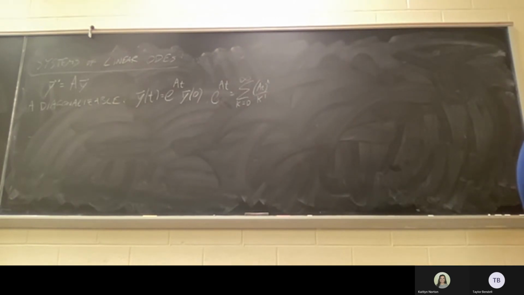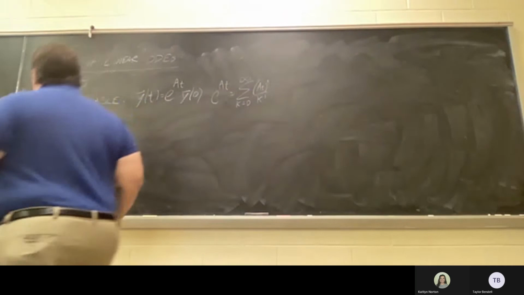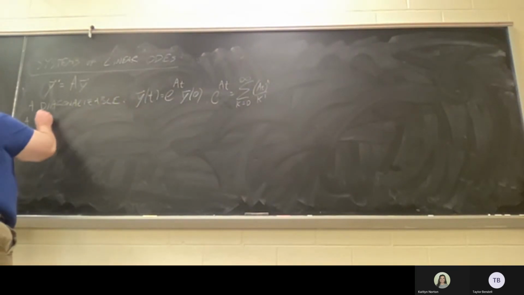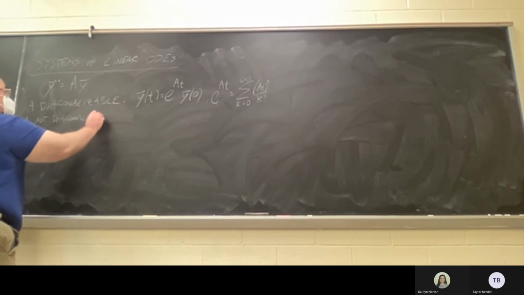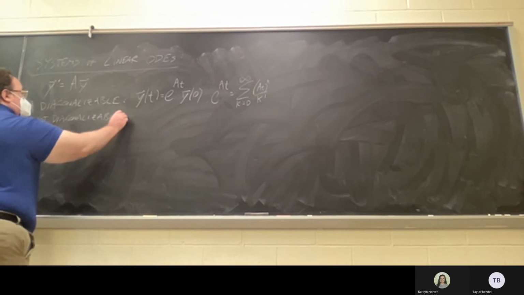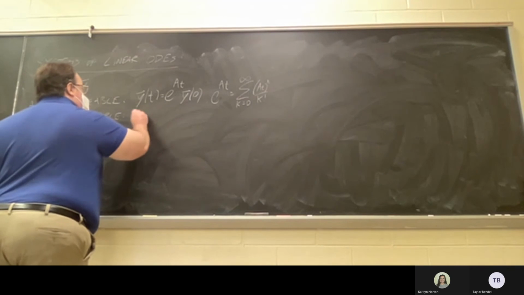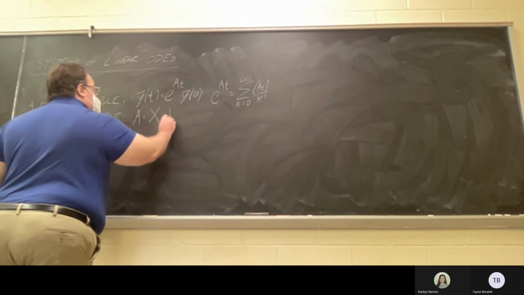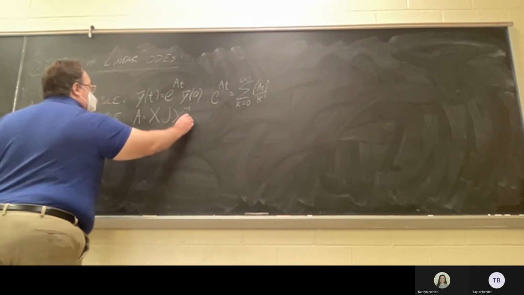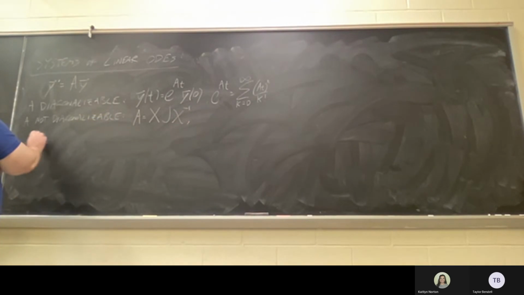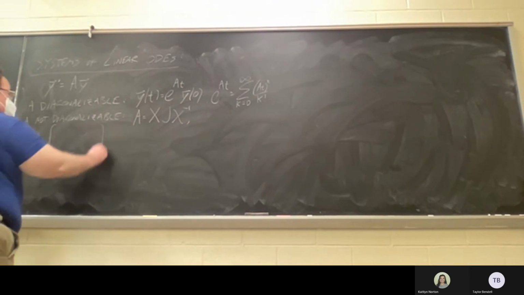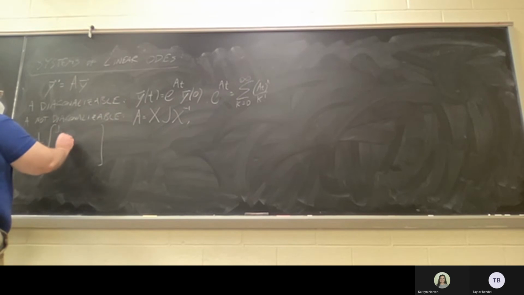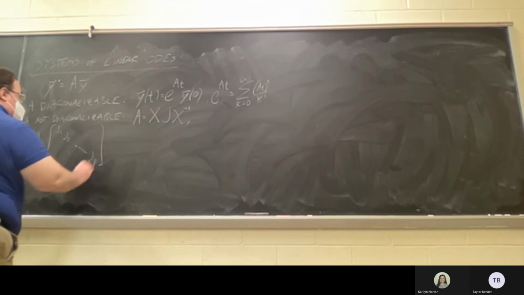But what I have looked into since then is, what if A is not diagonalizable? Then we have that A is expressed using the Jordan canonical form, where J is not diagonal necessarily, but block diagonal.